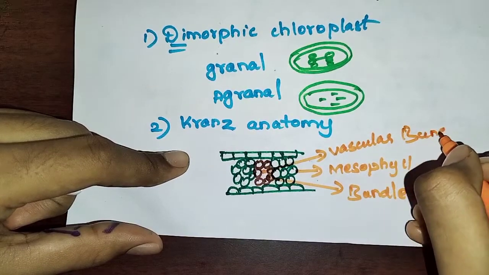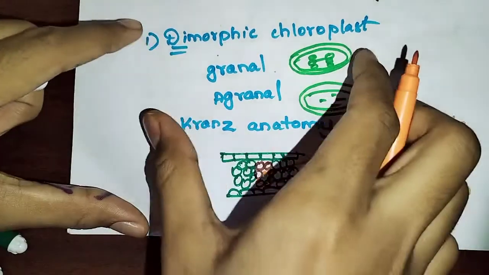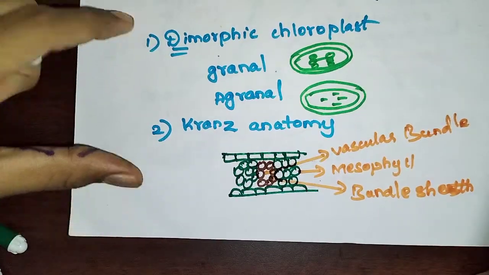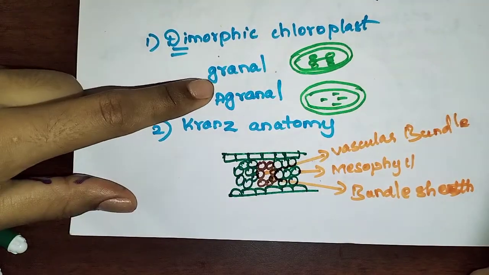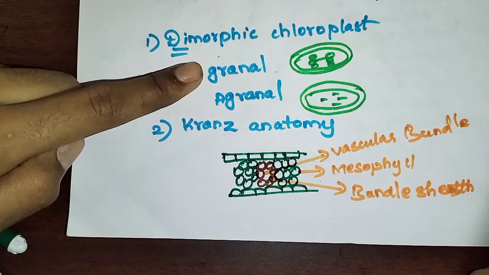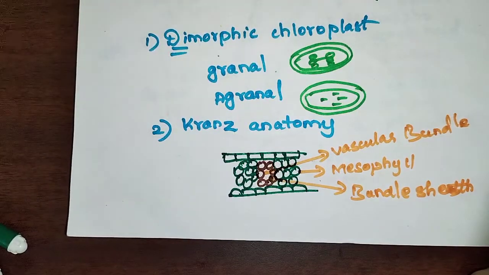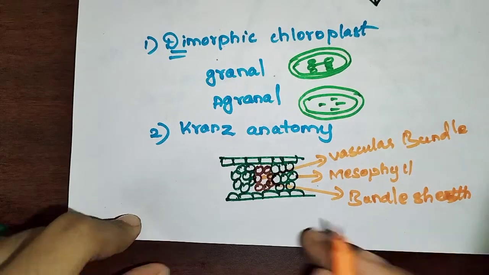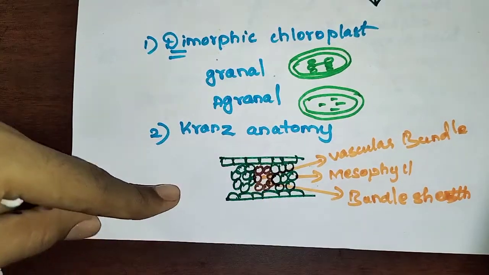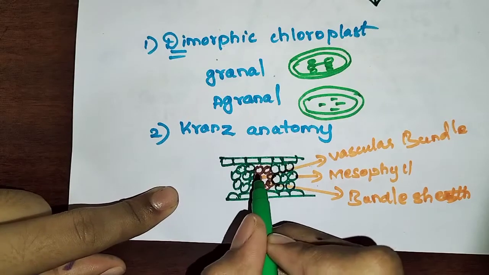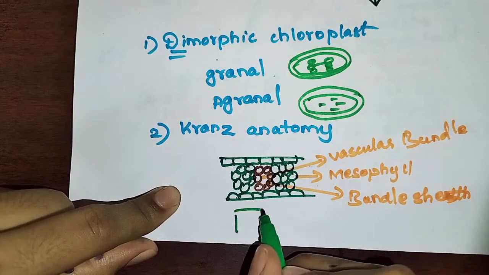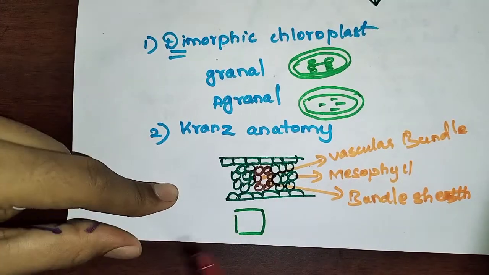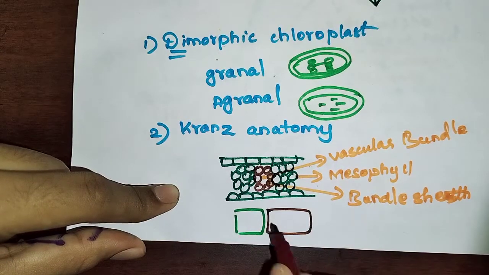Now this is the unique characteristic of the C4 plants. Dimorphic chloroplast, we won't find in C3 plants, only in C4 plants. Then Kranz anatomy is also found only in C4 plants. If we zoom in on this part alone, we will take this for our cycle.